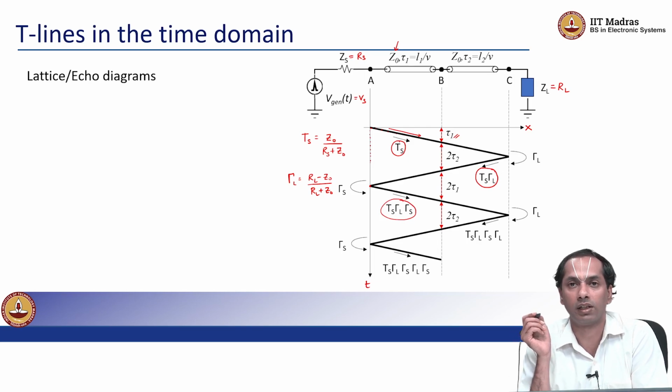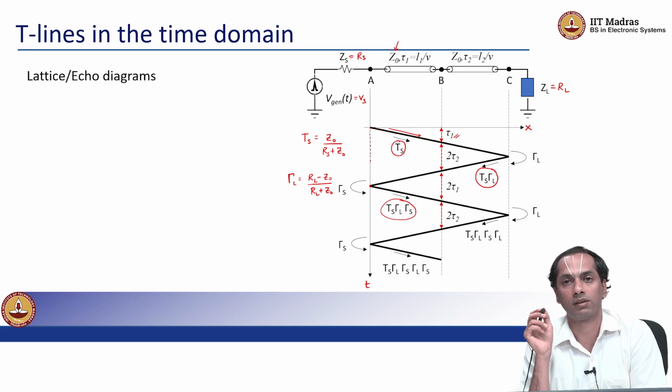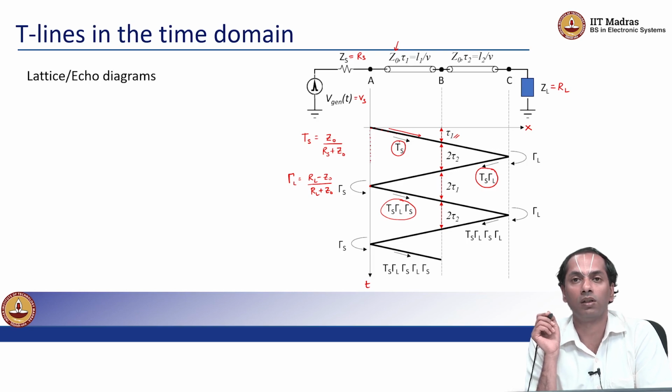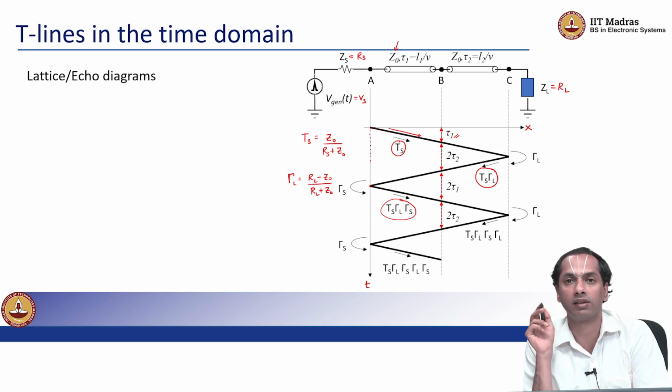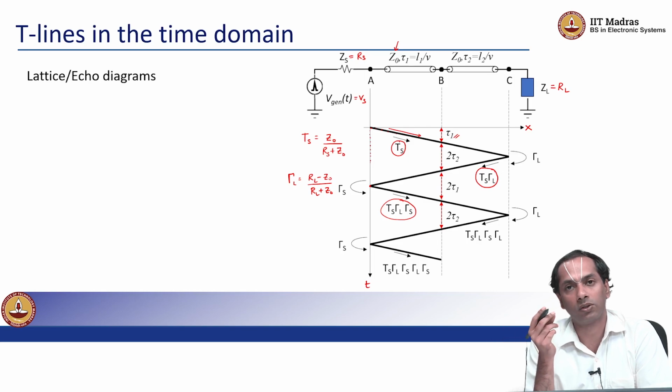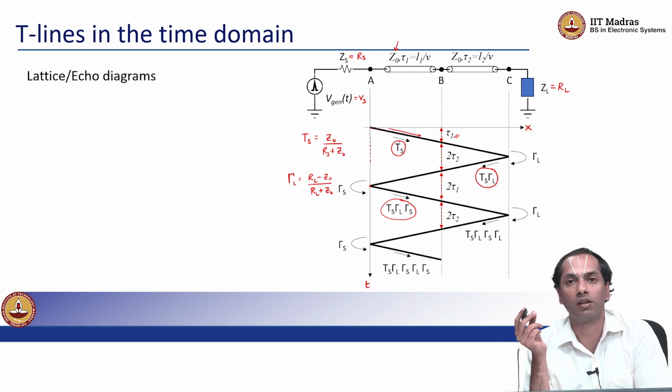Now you can see that these values for Ts and gamma L are all less than 1. So, you can convince yourself that regardless of whatever RL and RS you have in comparison to Z0, the moduli of gamma and T are less than 1, right. So, as I keep multiplying these numbers together, I will actually get smaller and smaller values.